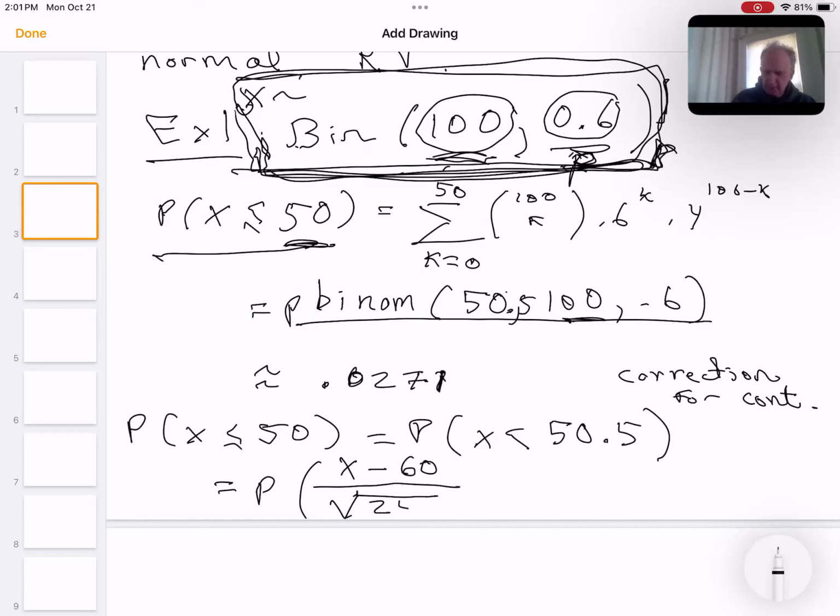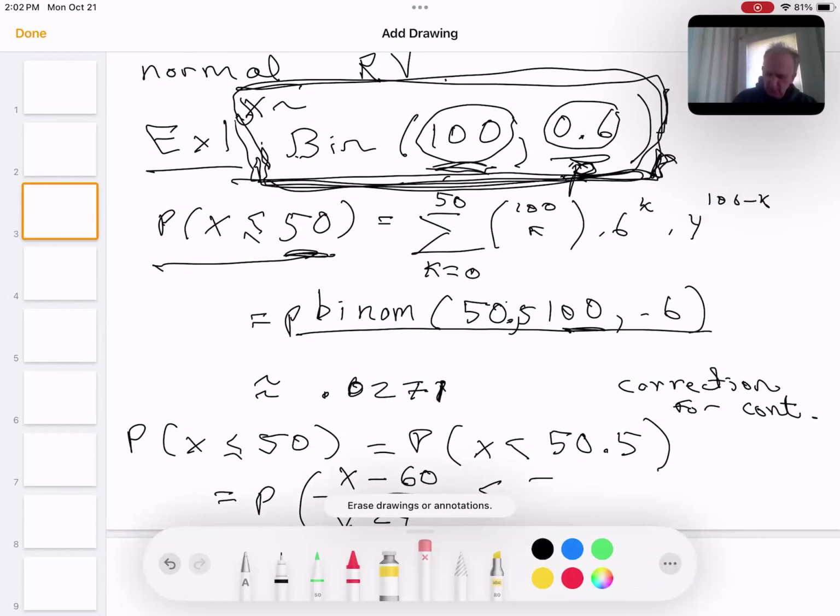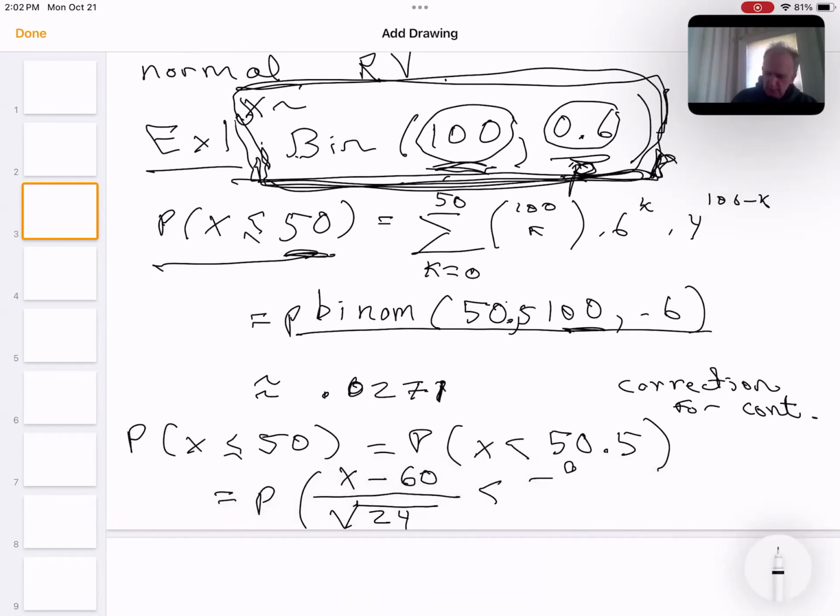Do you see that? 0.6 times 0.4 times 100. So the probability that's less than or equal to 50.5 minus 60, so minus 9.5, over the square root of 24.